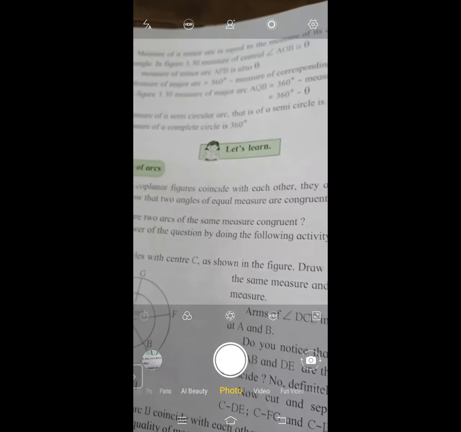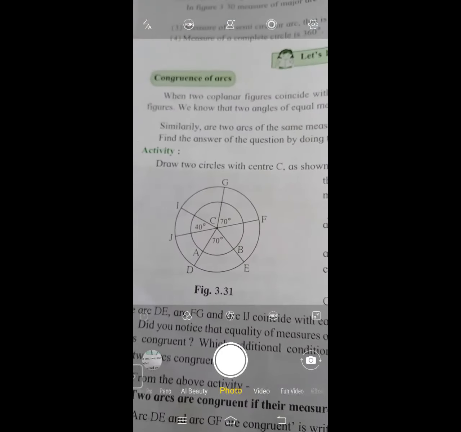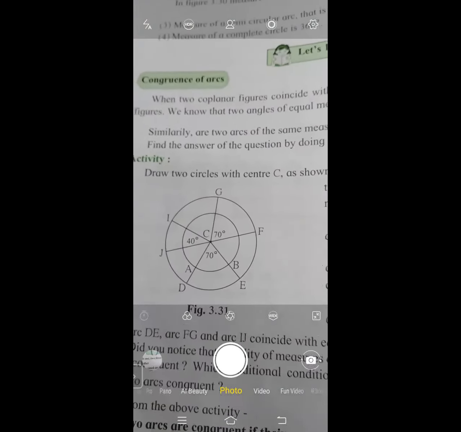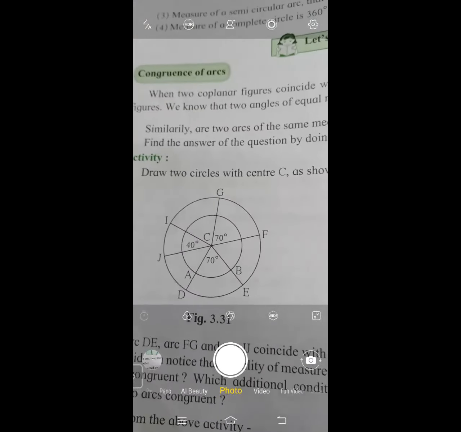Next is congruence of arcs. Now what does the word congruence say? They are congruent means they are the same, equal in measure. When two coplanar figures coincide with each other, they are called congruent figures.